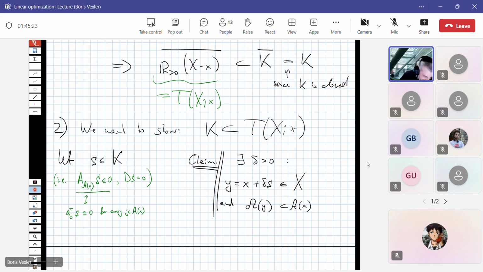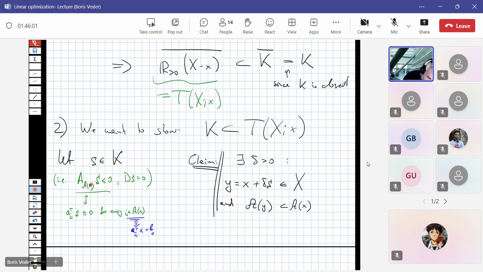Sorry, I'm back. I understand your question. You have to distinguish. What does it mean that j is an element of A of x? This means, as you said, that a_j transposed x is equal to b_j. This is correct. But this condition means that for all indices j, a_j transposed multiplied by s is less or equal than 0.